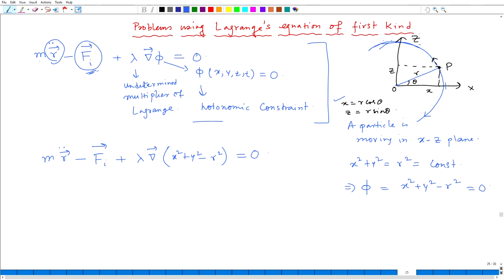Now, here I am just saying that it is just moving in a plane, and for this type of motion I am not saying that any force is acting other than the force of constraint.